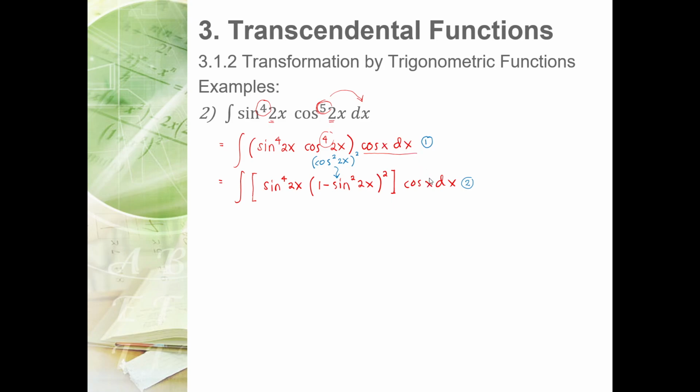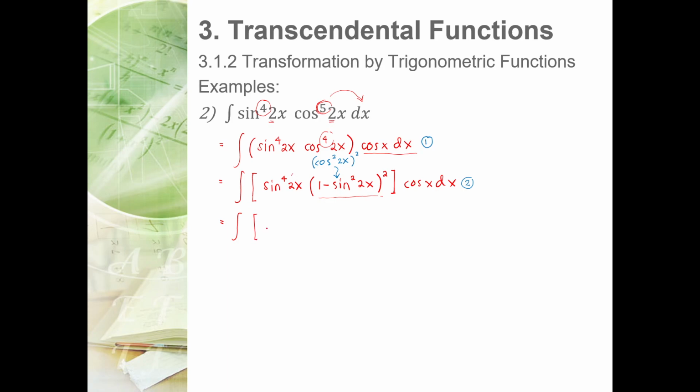After you have done the first two steps, the next part will depend on the problem, whether you're going to expand it or simplify it directly. This time I think we need to expand this term, before multiplying sine to the power of 4 2x inside the parenthesis. Since we know algebra, the square of a difference of two binomials.